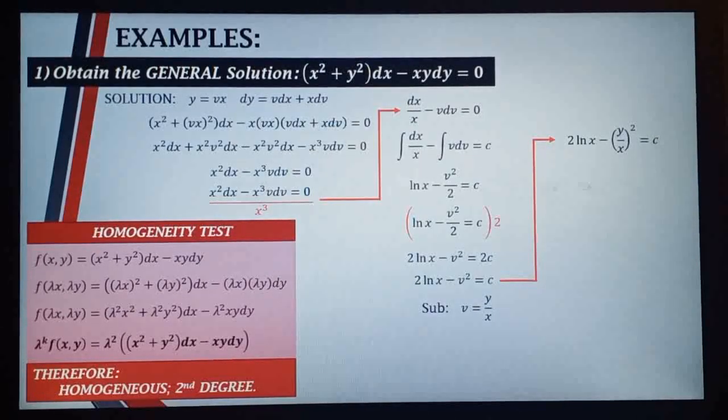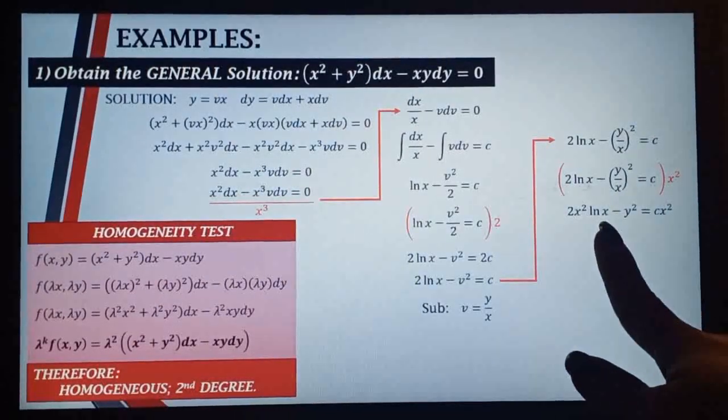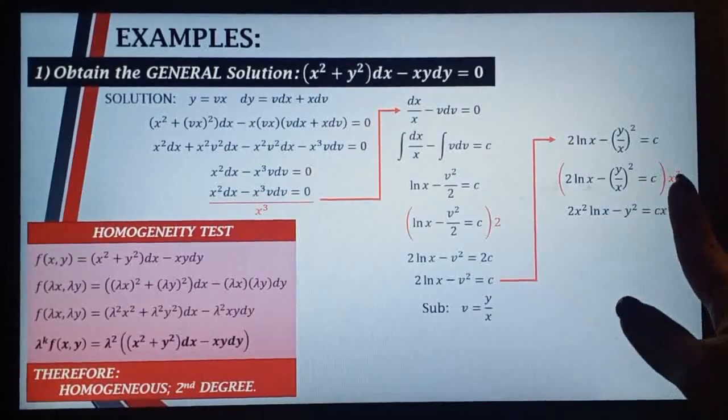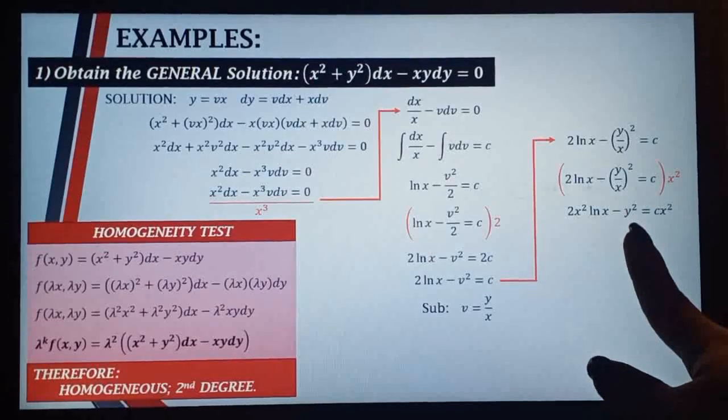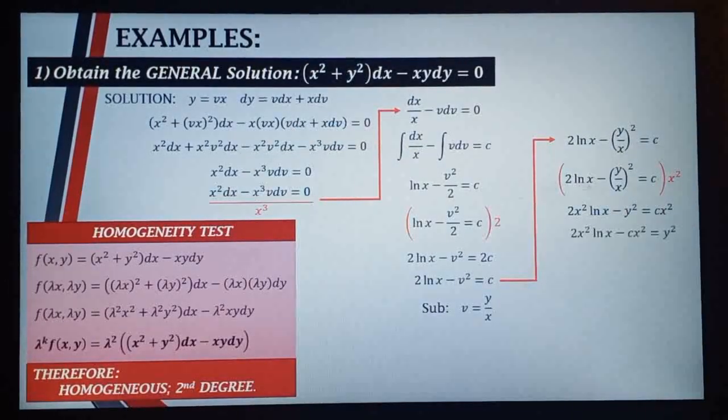Now, simplifying the equation by multiplying the whole equation by x squared, you will have your new equation as 2x squared multiplied to ln x minus, cancel out si x squared, ang matitira is y squared equals c multiplied to x squared.